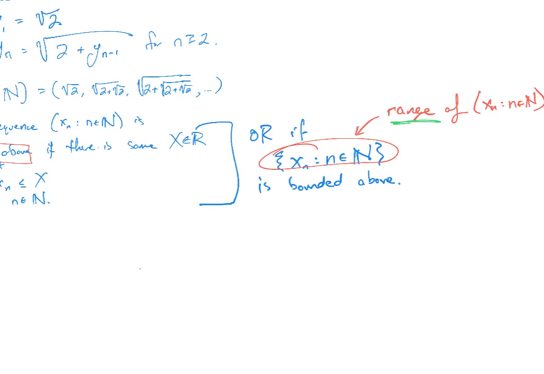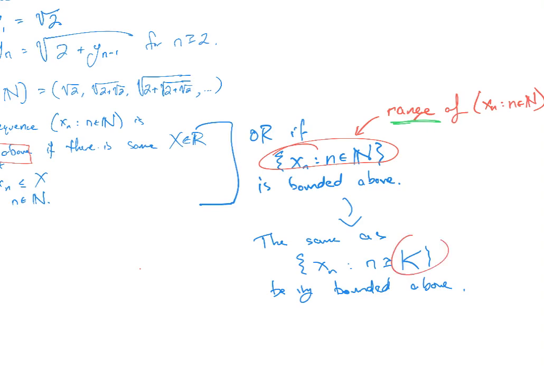Well, we're off here just making random comments about this. This is the same as any tail being bounded above. Here that capital K is just any natural number. So we're going to start our sequence at some number and go on forever after that.